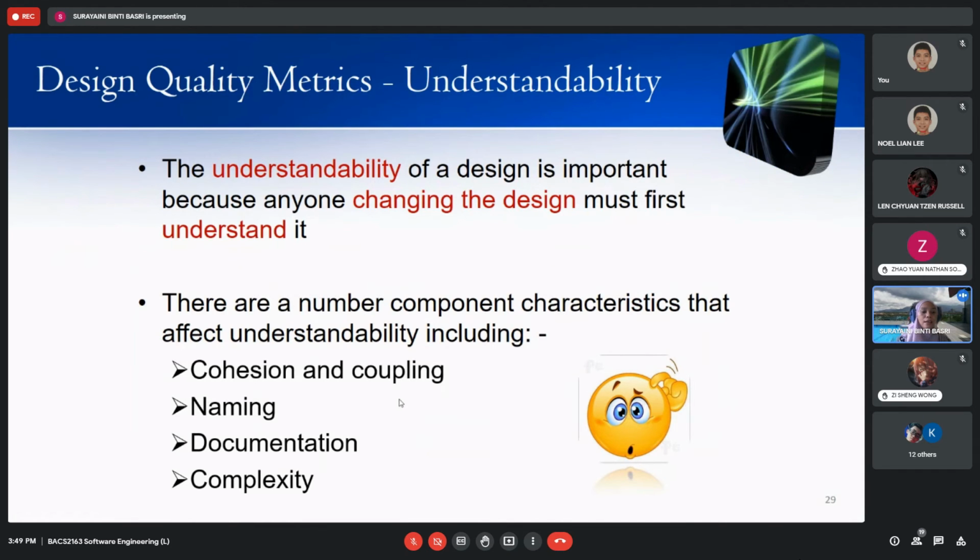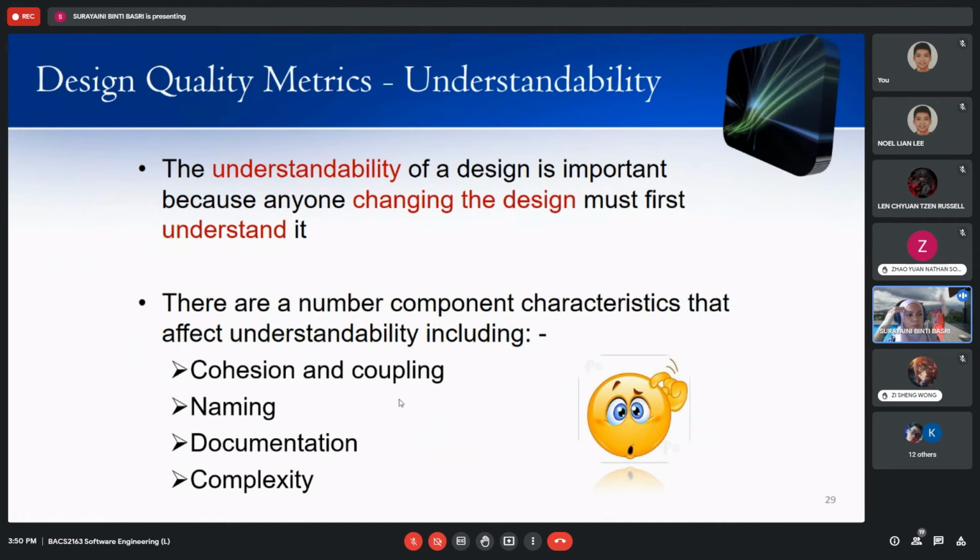For example, if in your SRS you have one module called course registration, then in your design you also have one subsystem called course registration. The naming is consistent, so that people will not be confused.